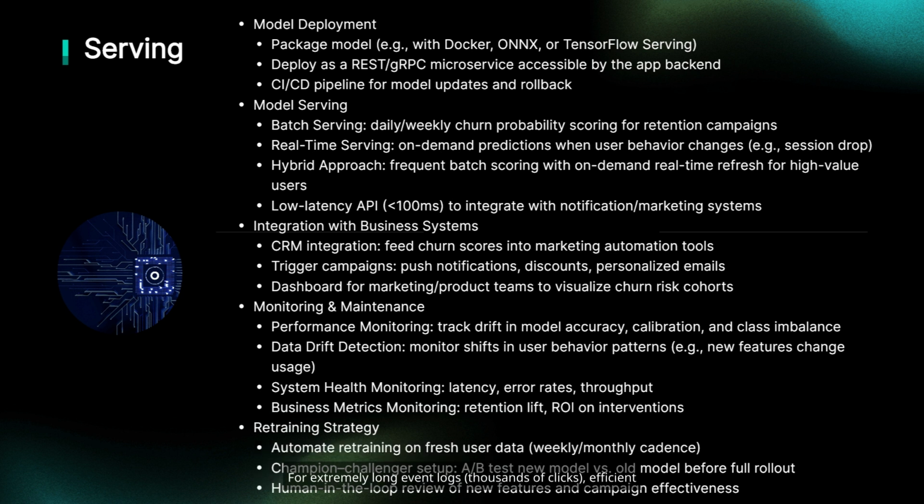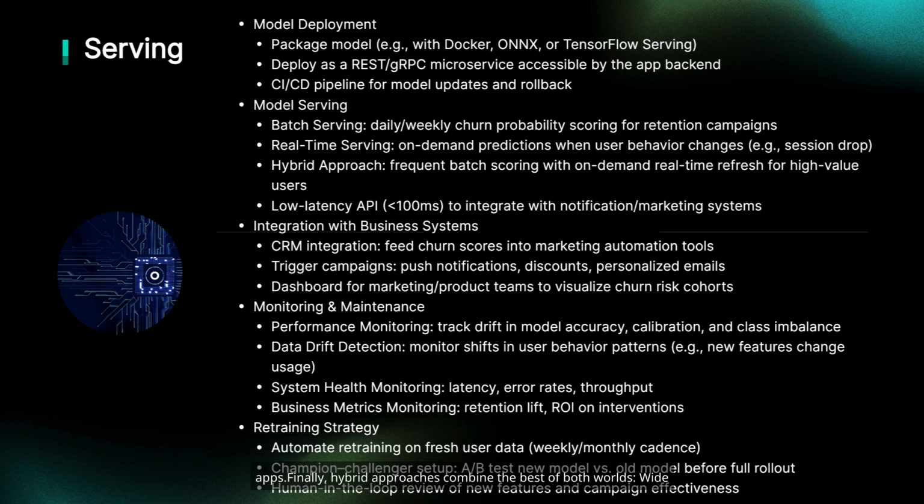For extremely long event logs, thousands of clicks, efficient transformer variants like Longformer or Performer can reduce the quadratic attention cost. This makes transformers state-of-the-art for user retention modeling at large tech companies like Netflix, TikTok, and mobile gaming apps.